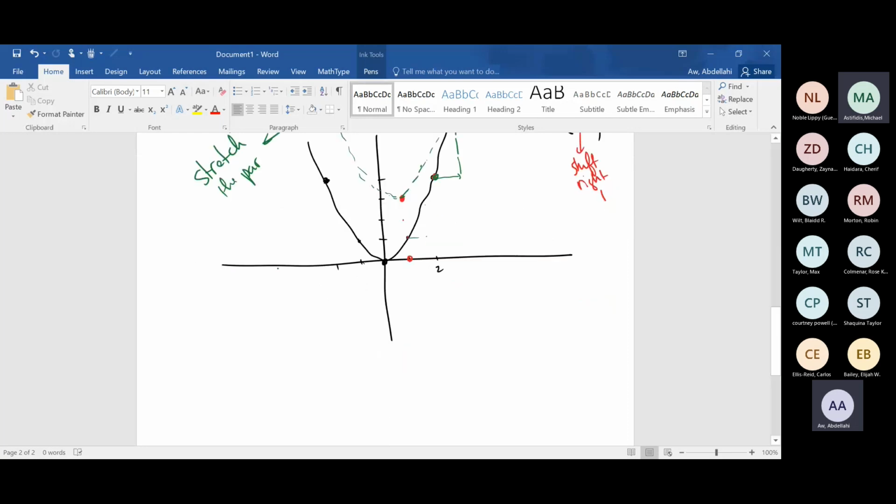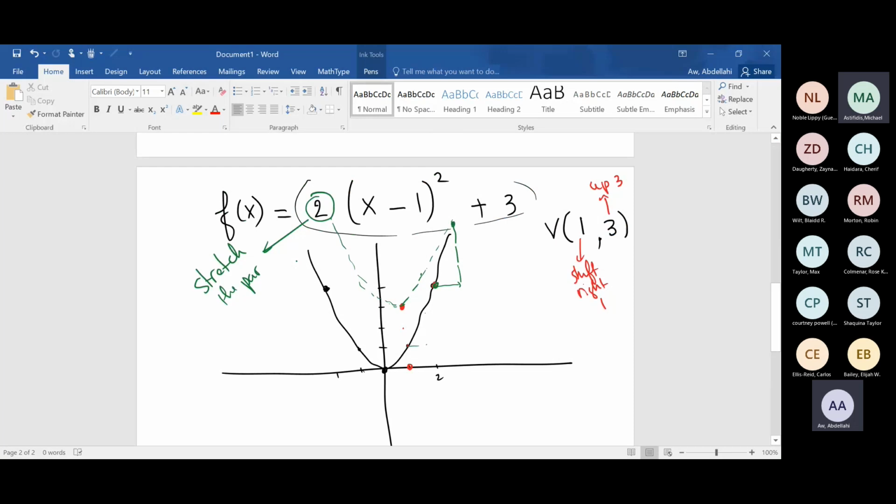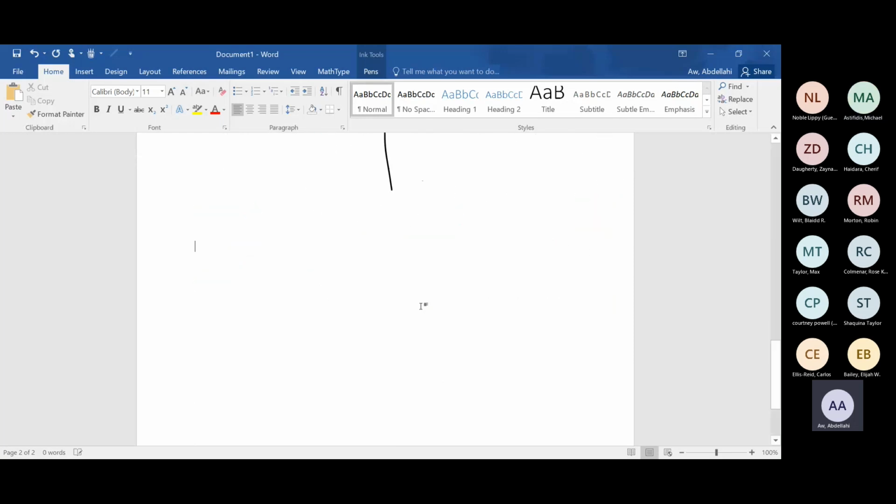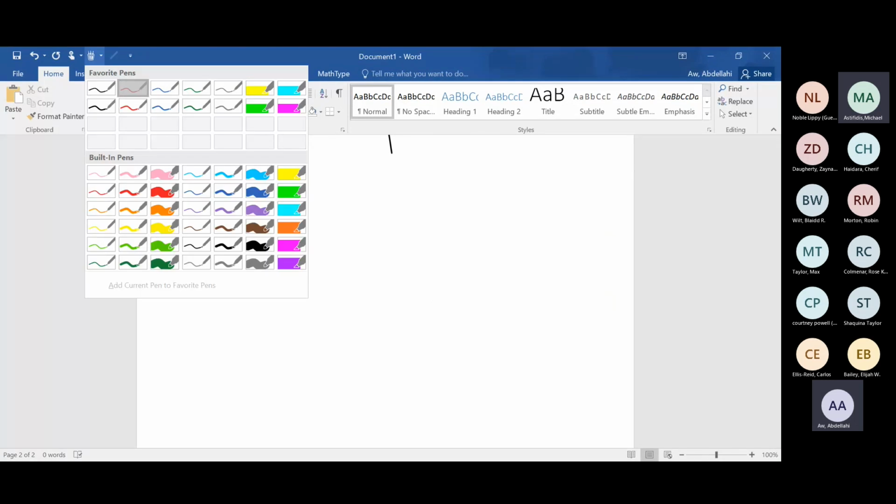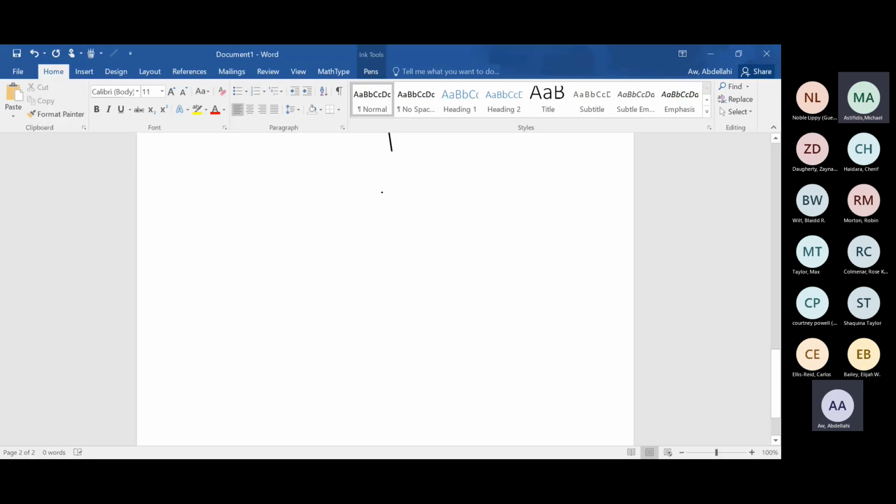But if I want to graph a parabola in general, I don't need a lot of points. I need only some particular points, right? Let's say I have my parabola like this.